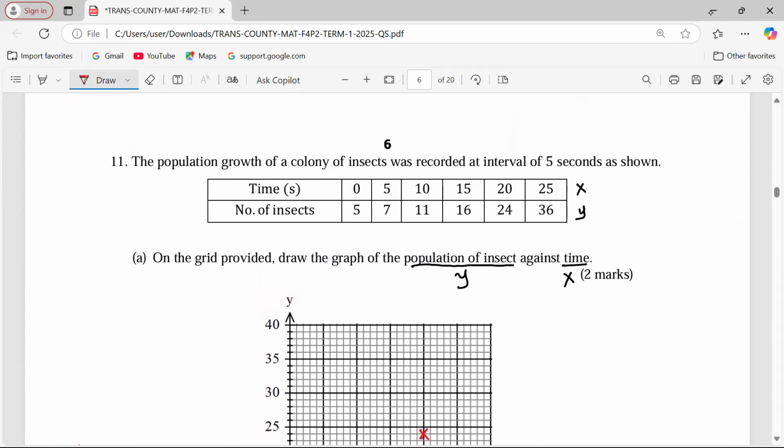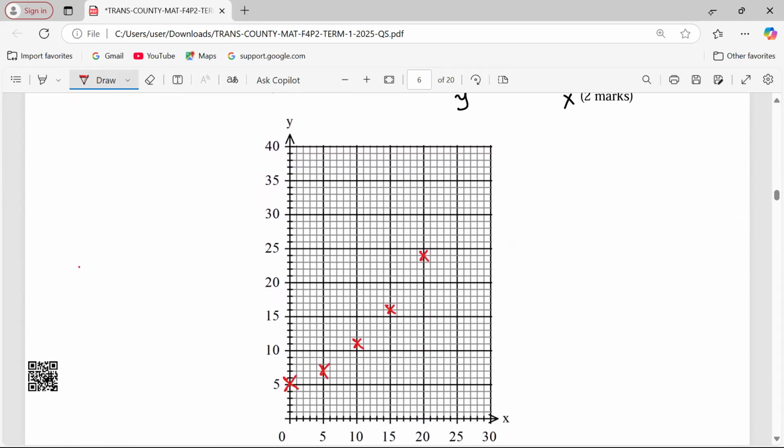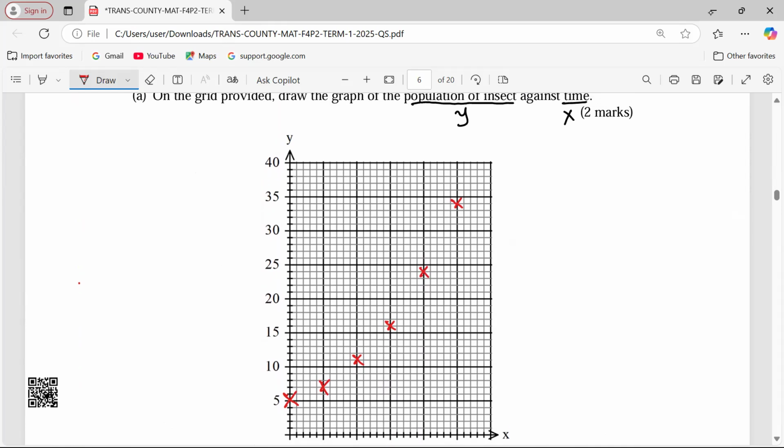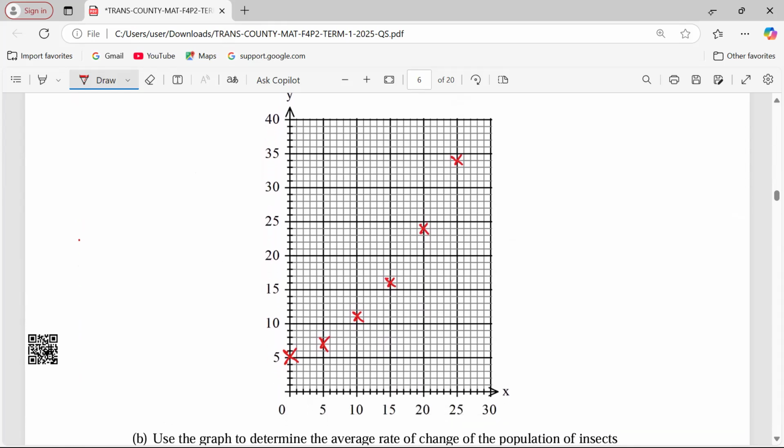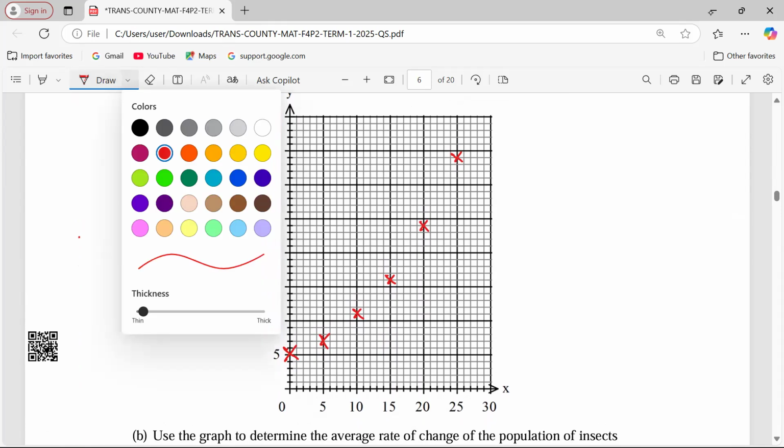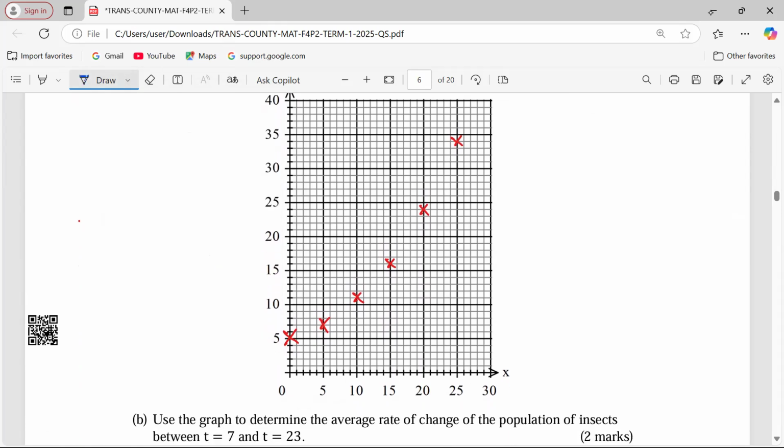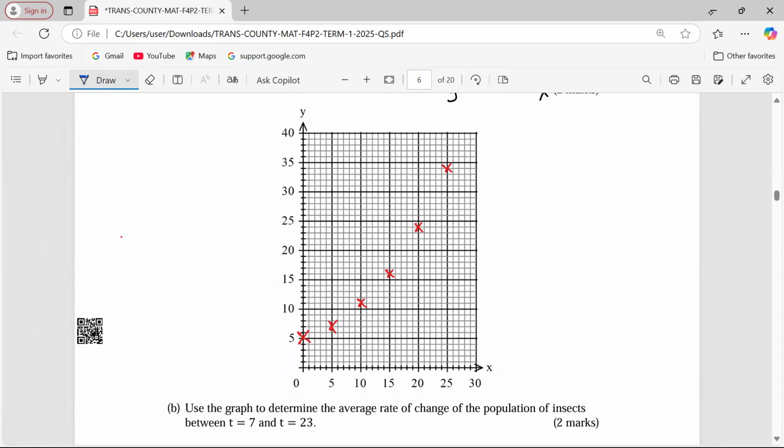Then 25, 36, the last coordinate. Below 35. That's where we are. So the graph is suggesting a very smooth curve, and that is what we are supposed to draw, a smooth curve. So let's do the curve.